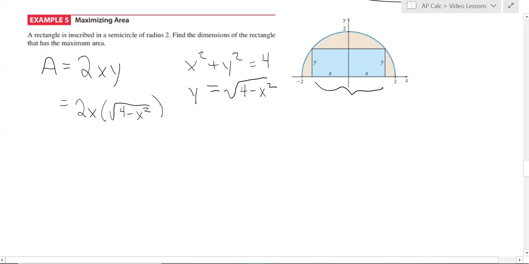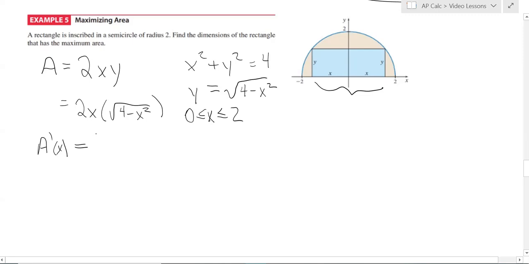All right. Note that the domain of this function is between 0 and 2. Now, the next step we want to do is differentiate this. So the derivative, we have to use the product rule.